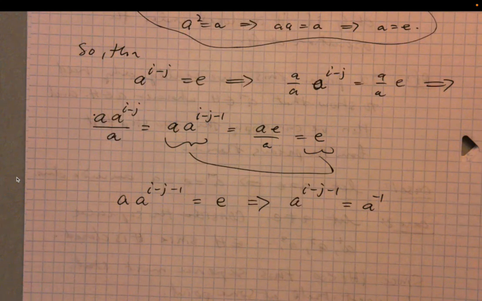So we found the inverse of a. It's this a to the i minus j minus 1, whatever i and j happen to be. So the question is, we know that a to the i minus j minus 1 must be the inverse of a. How do we know that it is in H?